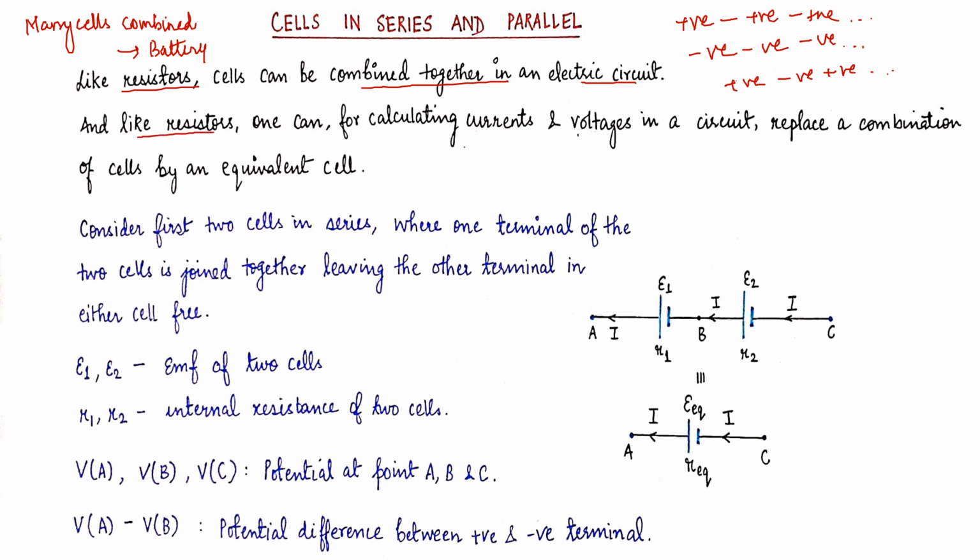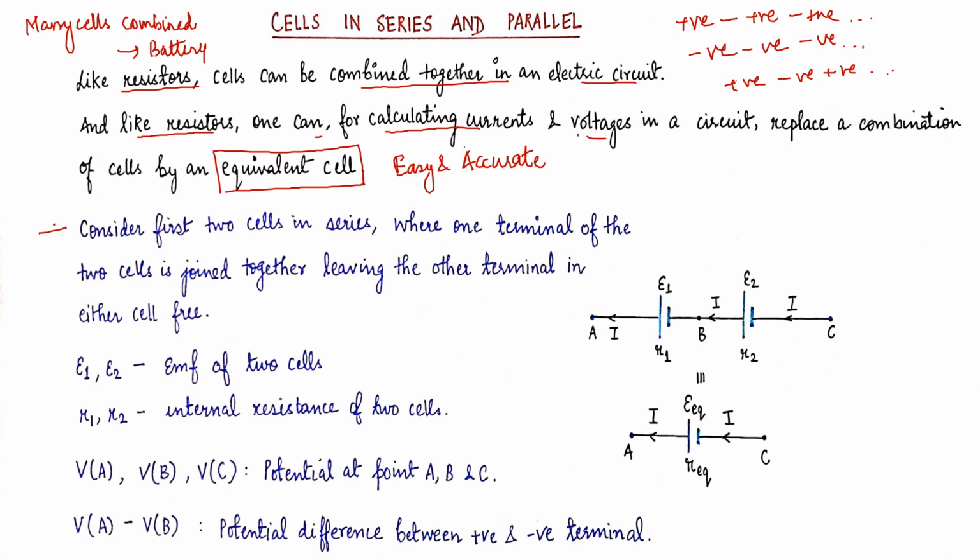And like resistors, for calculating currents and voltages in a circuit, one can replace a combination of cells by the equivalent cell, which helps us in easy and accurate calculation of other circuit factors.